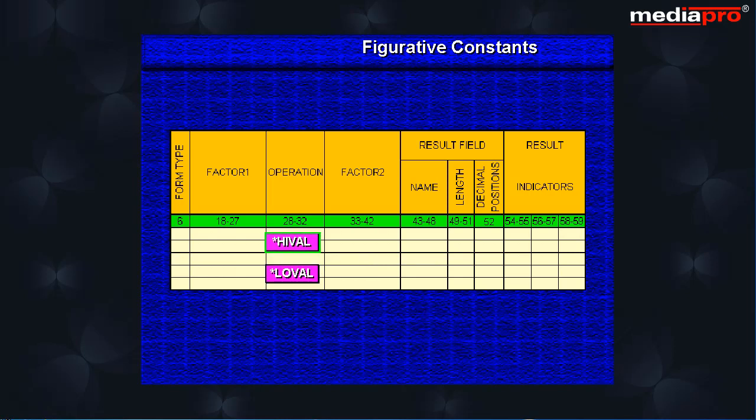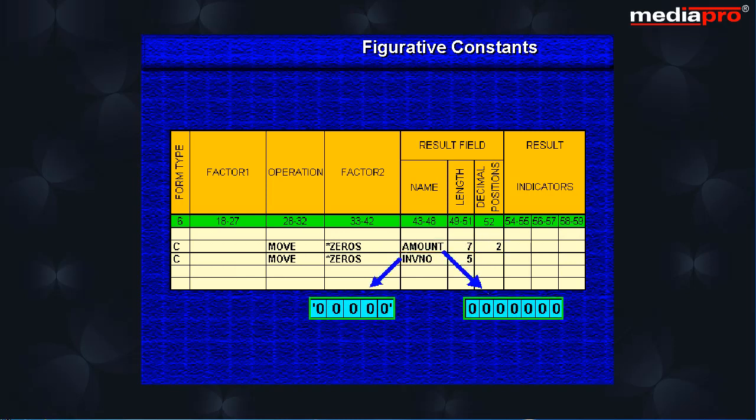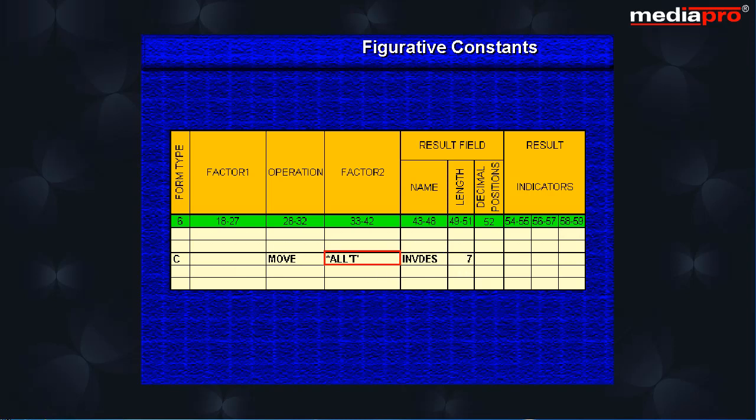*HIVAL and *LOVAL can be used with both character and numeric fields. Moving *HIVAL to a field causes it to be filled with the maximum possible value the field can hold. *ZERO is also used with both character and numeric fields. It causes the field to be filled with zeros. *ALL is used along with a character string.